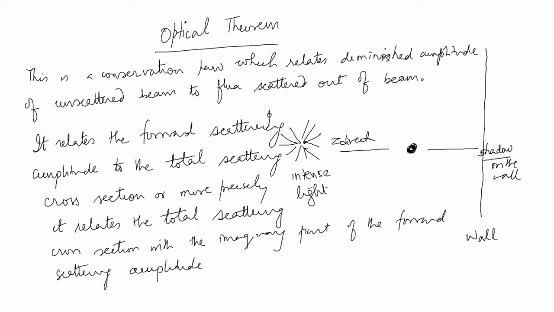Okay, and therefore the amplitude in the forward direction has got diminished. Therefore, this is what I am telling you, that this is a conservation law which relates the diminished amplitude of the unscattered beam to the flux scattered out of the beam. Okay, I am changing the slide.